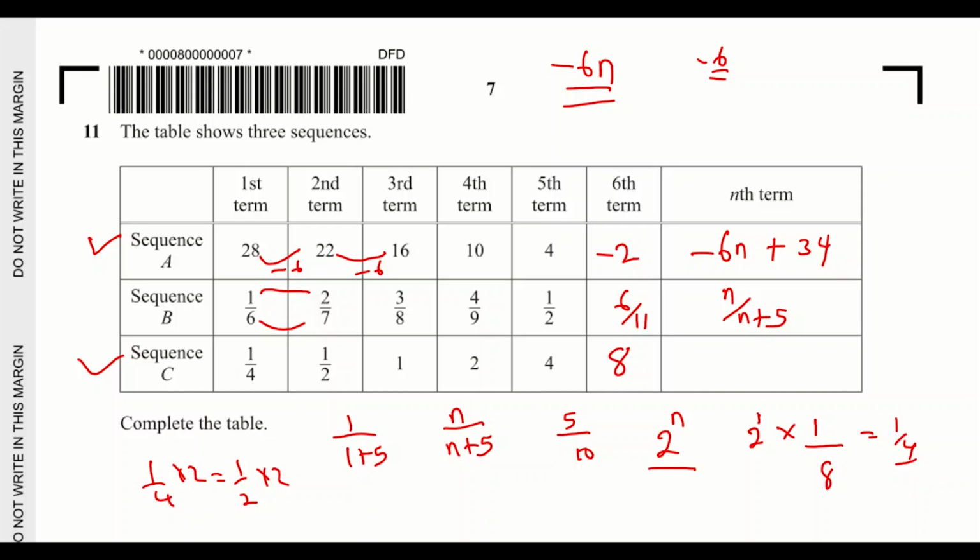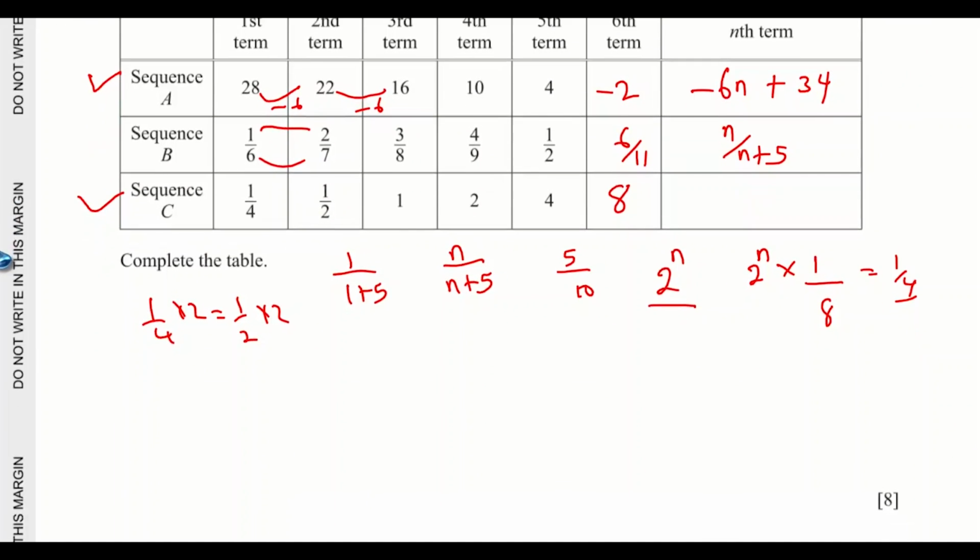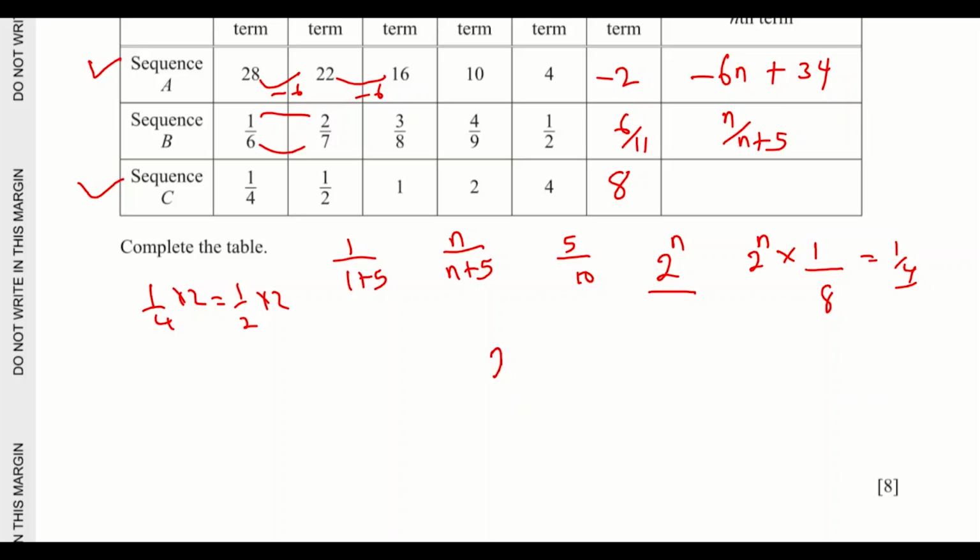So the formula will be 2 to the power of n times 1 over 8. We can actually simplify that. It will be equal to 2 to the power of n multiplied by 1 over 2 to the power of 3, which is the same as 2 to the power of n times 2 to the power of negative 3, which is the same as 2 to the power of n minus 3.